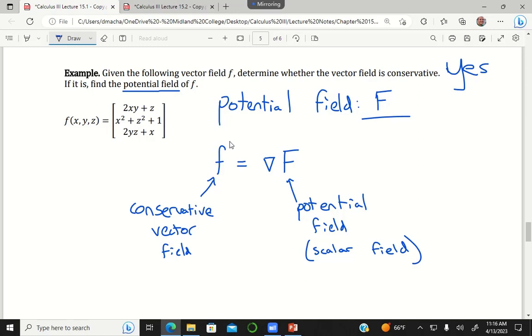But we can also talk about gravitational potential energy and how much gravitational potential energy you have at any point in space. That would be the potential field of the gravitational vector field. So gravity is a conservative field.